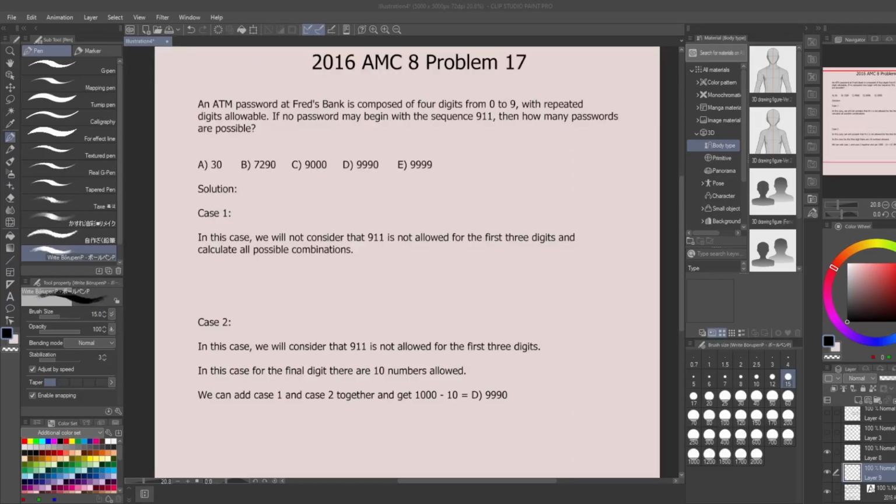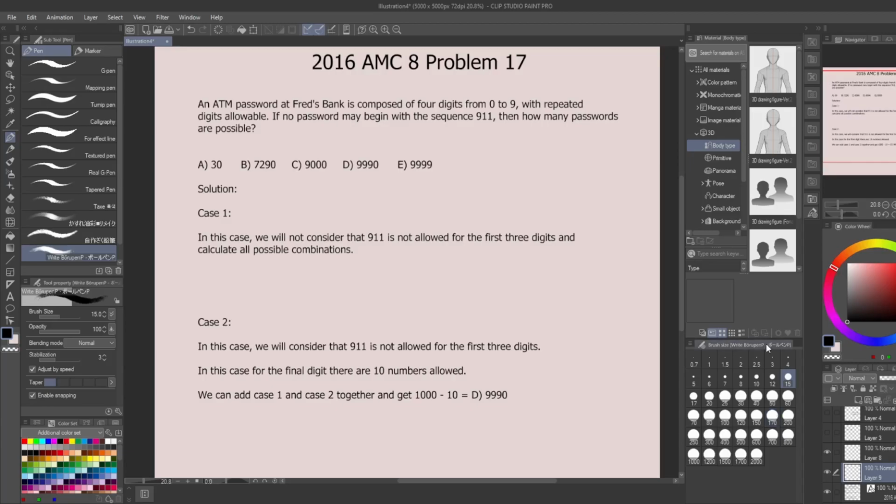Okay, here's our harder problem. An ATM password at Fred's Bank is composed of 4 digits from 0 to 9, with repeated digits allowable. If no password may begin with the sequence 911, then how many passwords are possible?